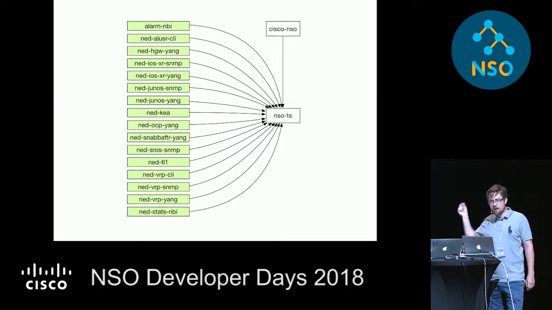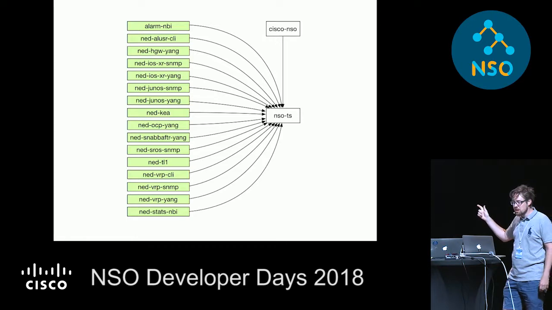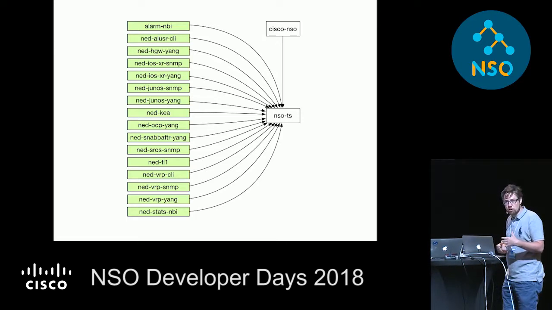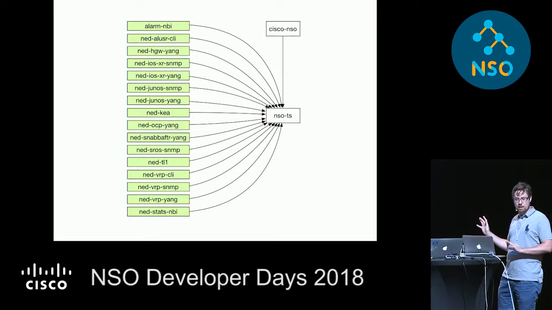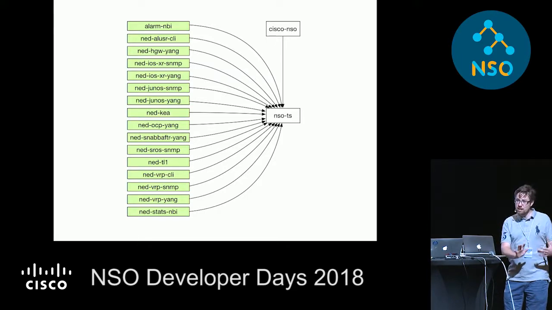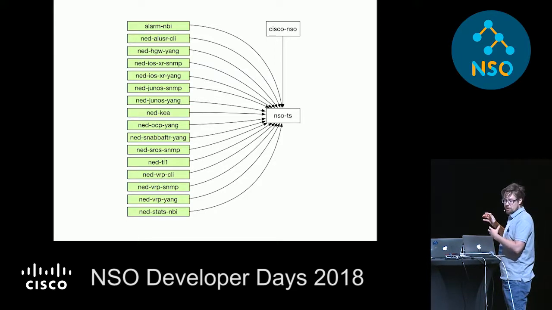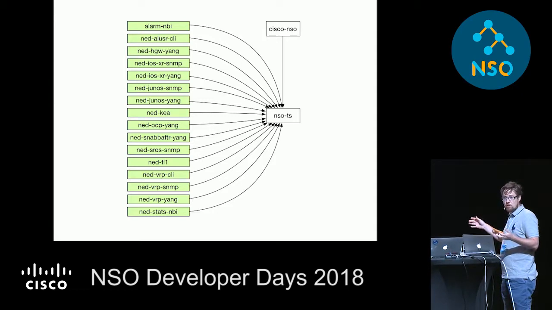We actually started out having just a single repository, but we moved away from it, I think initially due to the long compilation times. With all these NEDs, it would take 20, 30 minutes to start this thing up, which didn't make for much of a fun CI experience. So when we separated them out, the NEDs don't move that much, right? You don't have that many commits on them. So you can compile them a few times, and then when you're doing your main repository where you have a lot of commits, you're just relying on fetching already built binaries, right?